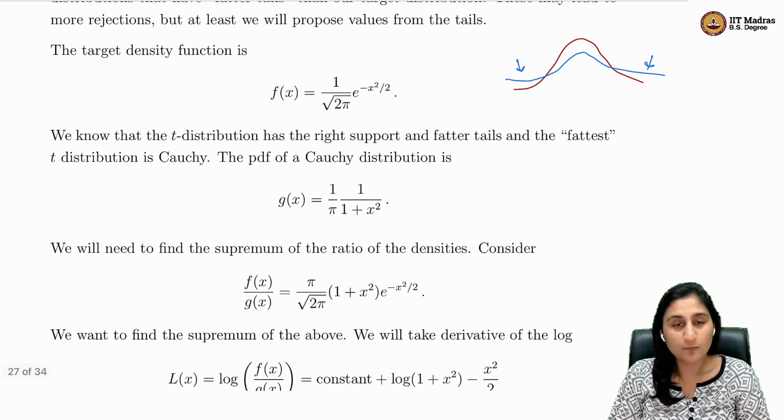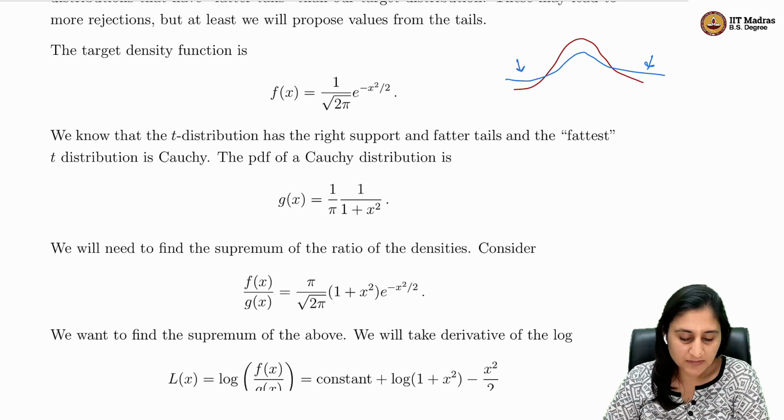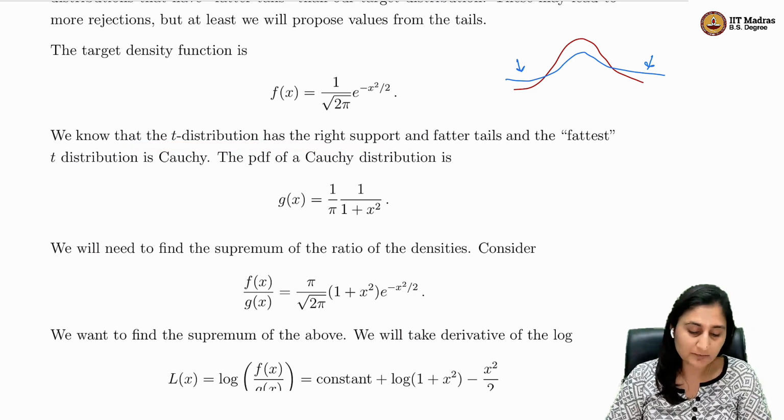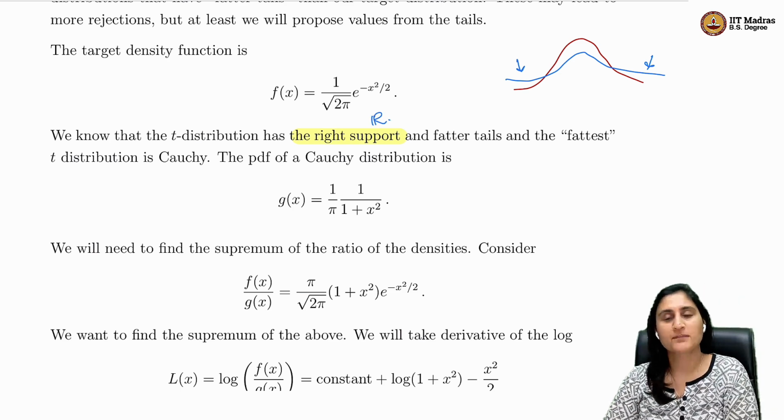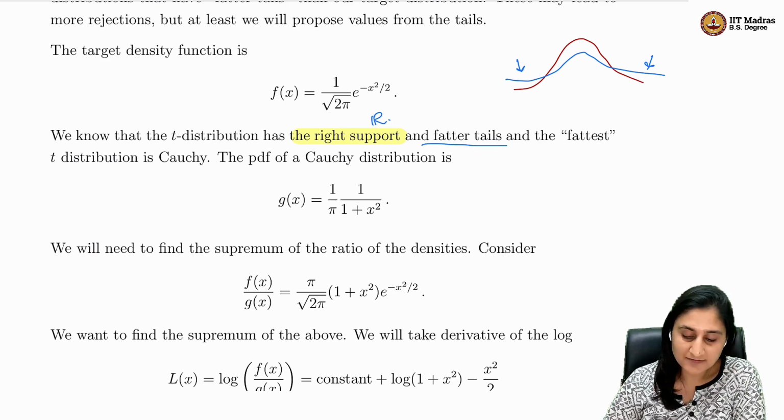And we know, hopefully we recall, that the student's t distribution has the right support. Now, what I mean by the right support is that the support is R, right? And it has fatter tails.